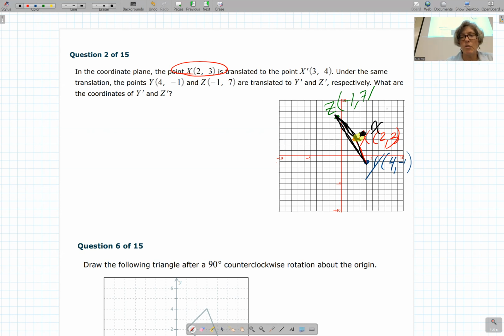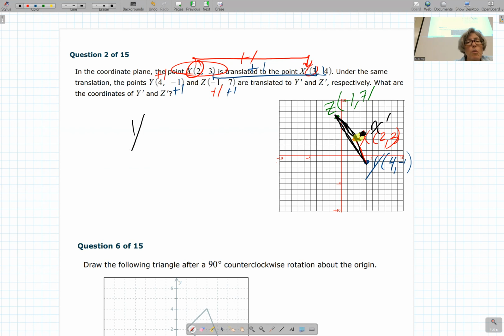That's X prime. So from 2 to 3, that is a +1. And then from 3 to 4, that's also a +1. So to your X coordinates, you're going to add 1, and to your Y coordinates, you're also going to add 1.